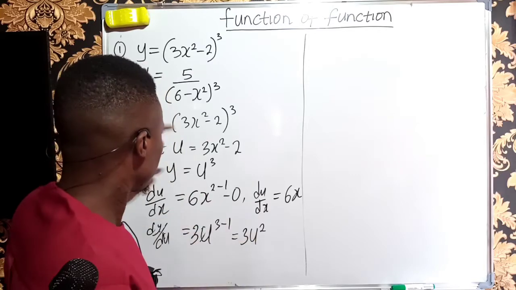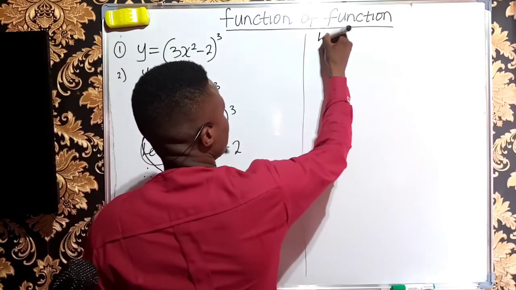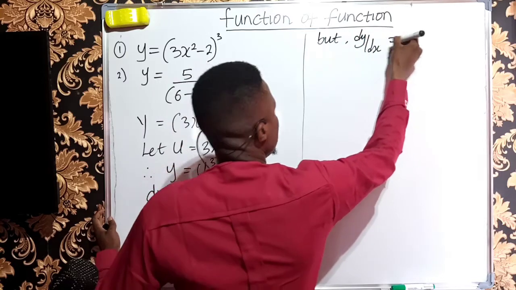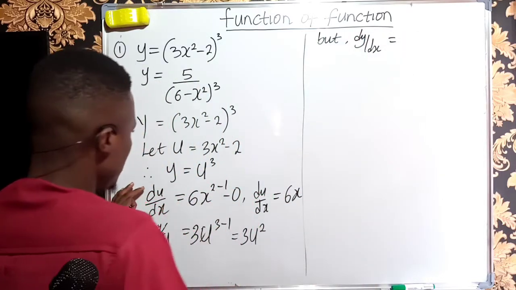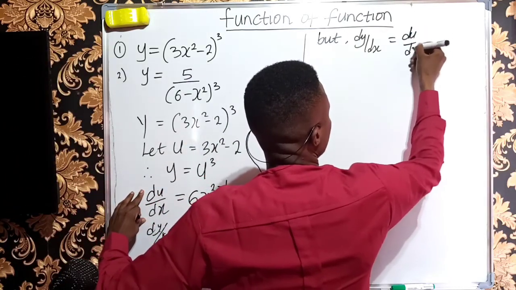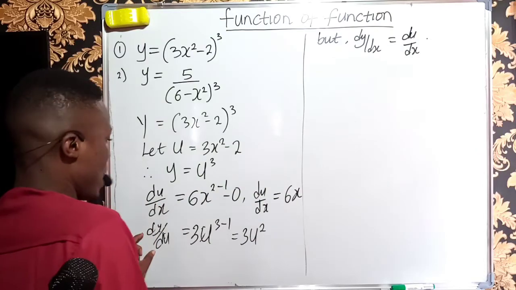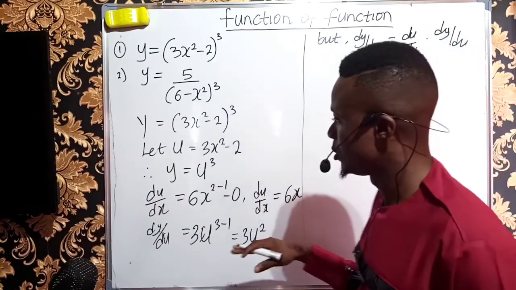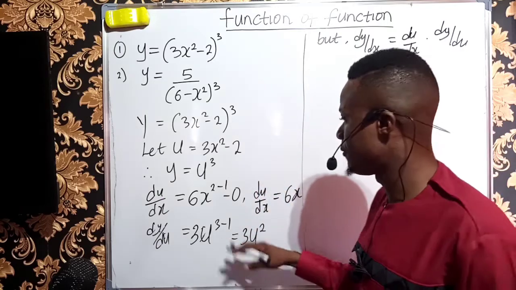Now, dy/dx is equivalent to du/dx multiplied by dy/du. That is the chain rule which we apply in function of a function.